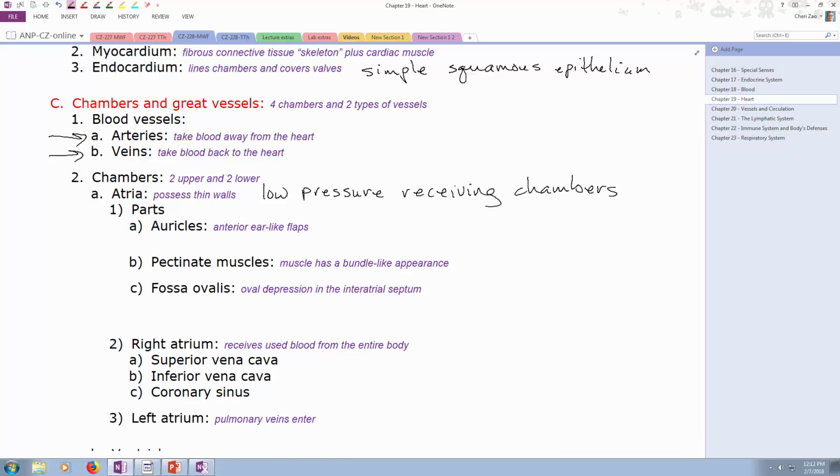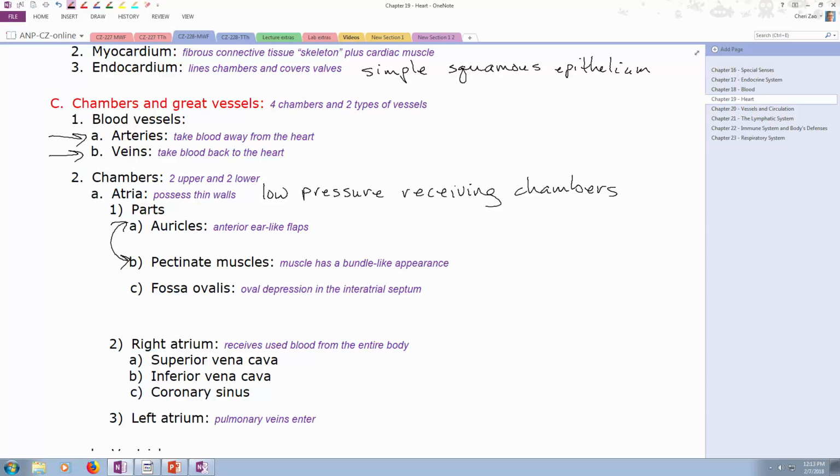When we take a look at the parts that all of the atria have, both atria have auricles. And auricles, just like what we were doing with our special senses, auricles are ears, and they are anterior ear-like flaps that actually have within them this next item on our list here, pectinate muscles. So pectinate muscles are in auricles. So you can have an arrow to pectinate muscles and from pectinate muscles back to auricles.